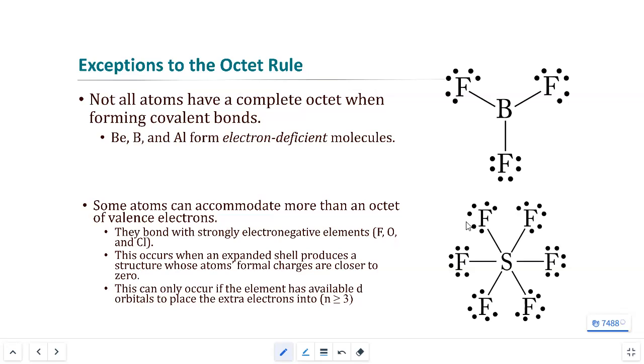Where we see this primarily is when we have large, relatively low electronegative elements that are bonding with highly electronegative elements. So things like sulfur hexafluoride, where sulfur is breaking the octet rule to accommodate those extra fluorines.